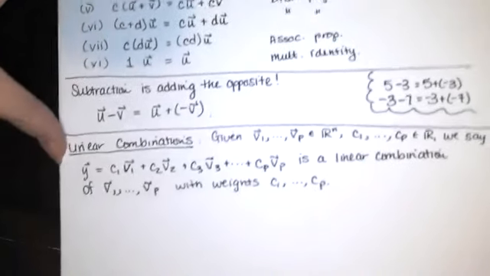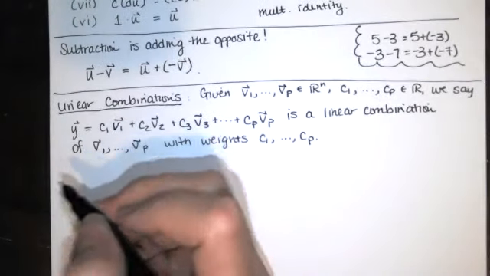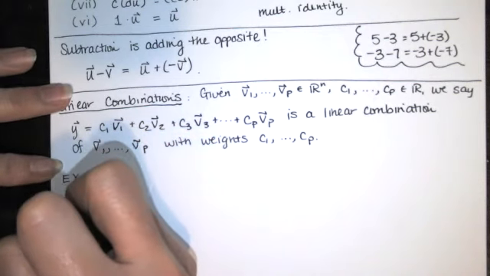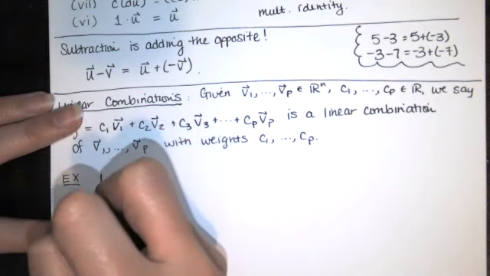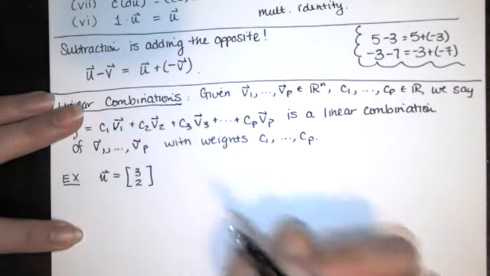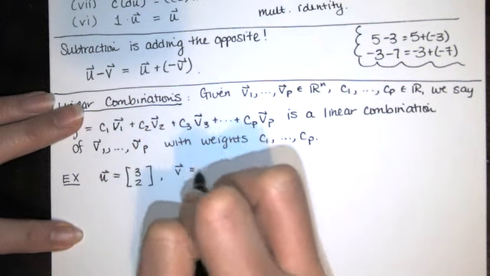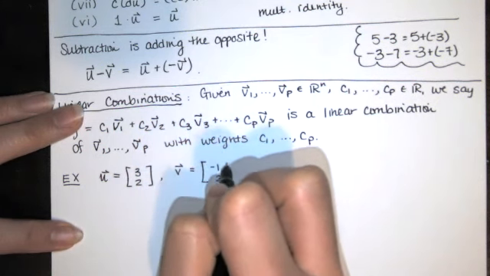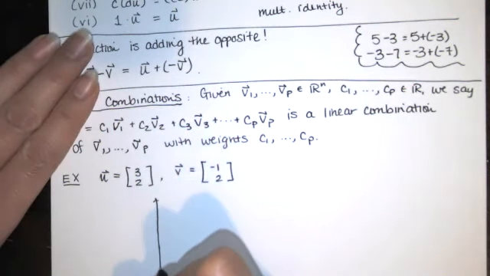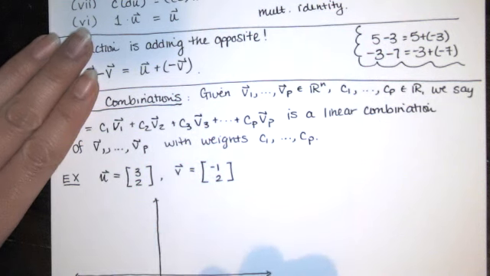So let's look at an example. Let's say we have a vector u with components 3 and 2, and a vector v with components -1 and 2. Let's draw those.